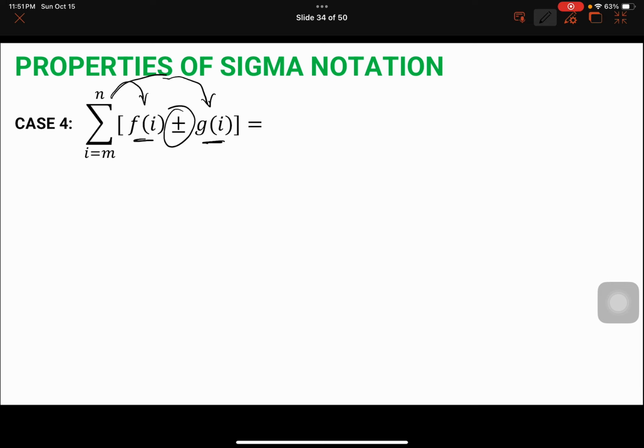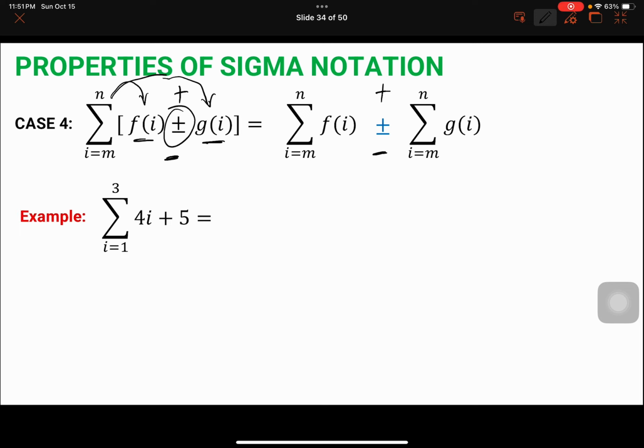Para magkahiwalay mong kunin yung summation, saka mo na lang pag-addin sa dulo. So, for example, magiging summation of f of I from I is equal to M up to N. Then we have summation of g of I from I is equal to M up to N. So, depende na lang po kung positive to or add yung makukuha natin dito. Kung negative to, minus yung makukuha natin dito. Okay?